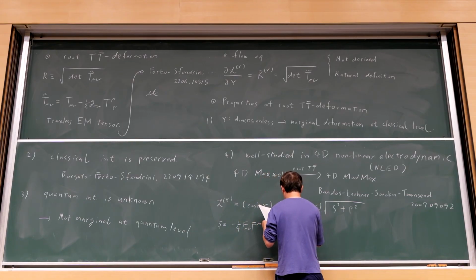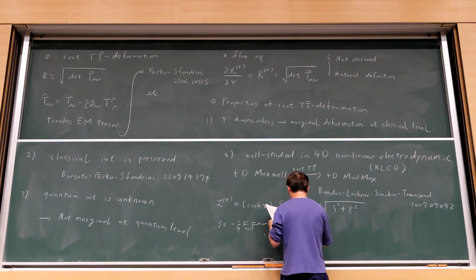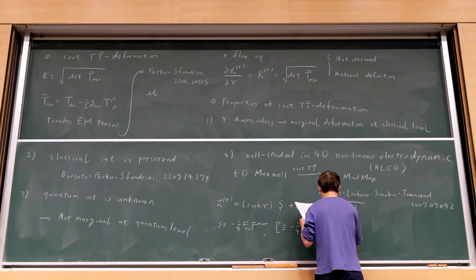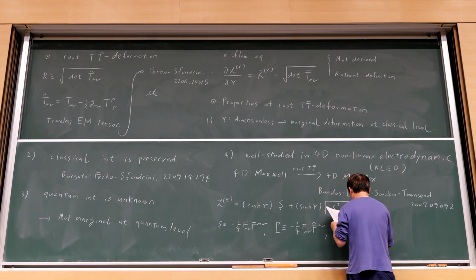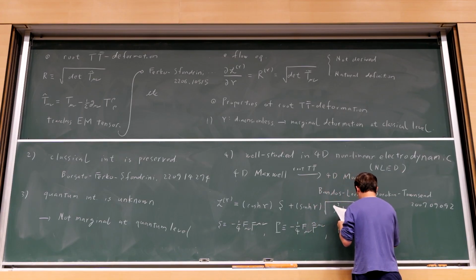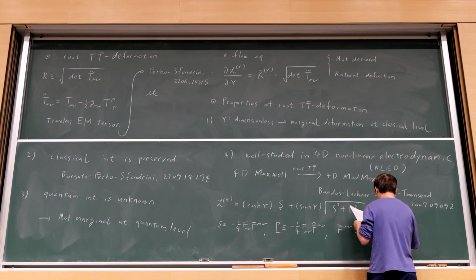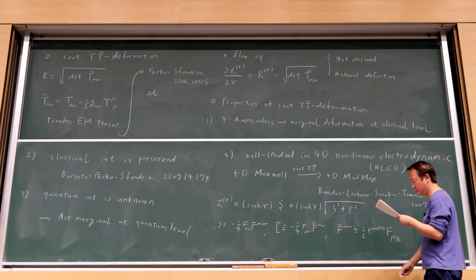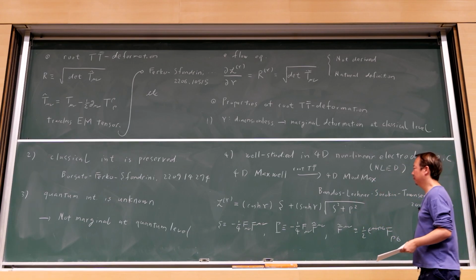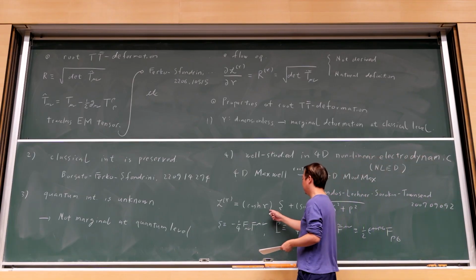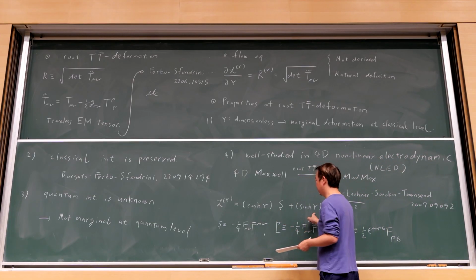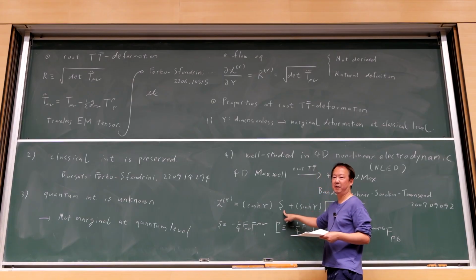P is defined by F F tilde, that is F mu nu F tilde mu nu, where F tilde mu nu is defined by the usual Hodge dual. When gamma equals 0, the cosh becomes 1 and the sinh becomes 0, so only S remains.